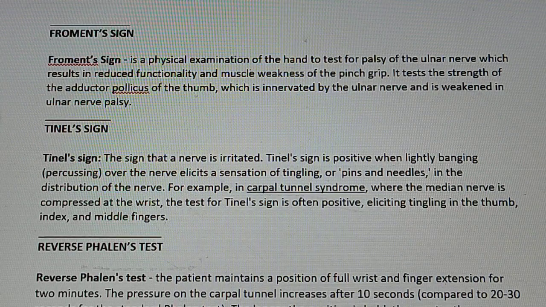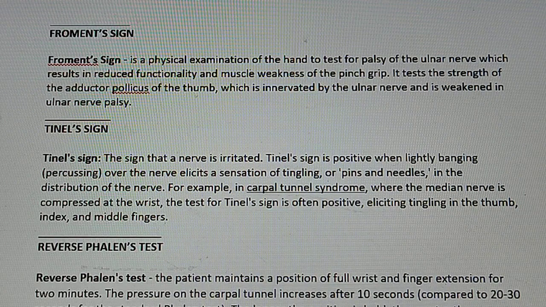So if you do percussion on the area and you feel some numbness and tingling sensation, then you know that the nerve in the area is irritated. That's why it's called Tinel sign. For example, in carpal tunnel syndrome, where the median nerve is compressed at the wrist, the test for Tinel sign is often positive, eliciting tingling in the thumb, index, and middle fingers.